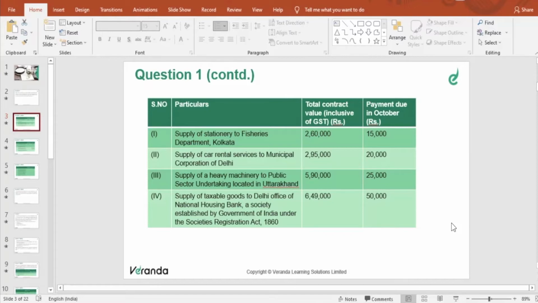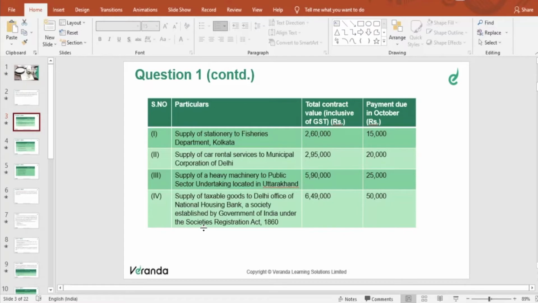All right. Continuing, the next one, I believe there will be some TDS game over here. Supply of heavy machinery to public sector undertaking, PSU, located in Uttarakhand for the total contract value of 5,90,000 and the payment due in October is 25,000.